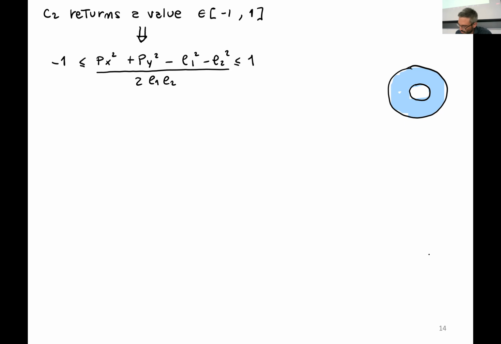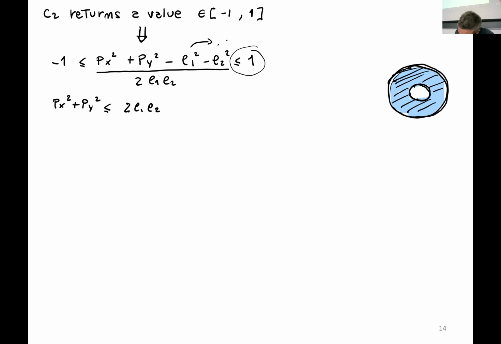Because if we draw on the right the primary workspace, or the reachable workspace, we remember that for a 2 degrees of freedom manipulator it has this shape. And we will see that if we consider, for example, this inequality, this will be equal to px squared plus py squared, lower than or equal to 2 L1 L2.